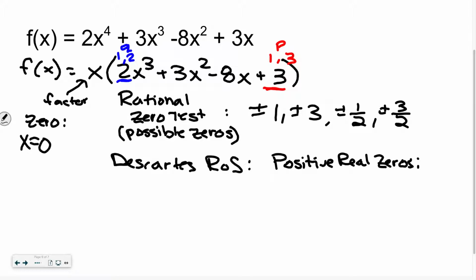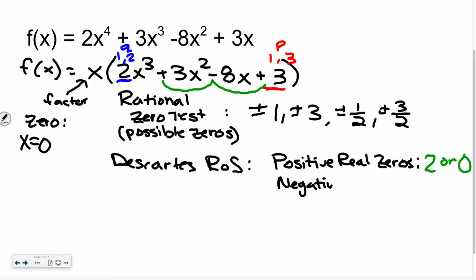Okay, for positive real zeros, count the number of sign changes in the original polynomial. And we have already accounted for this factor of x, so we're looking at this cubic polynomial right here. Okay, 2x cubed is positive, 3x squared is positive, and then we switch to a negative. So we have 1 and 2. So we'll say there are 2 or 0 positive real zeros.